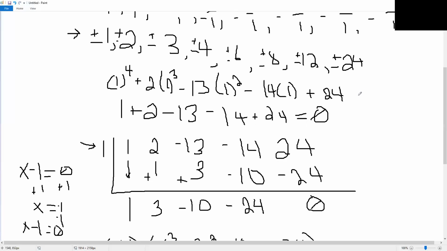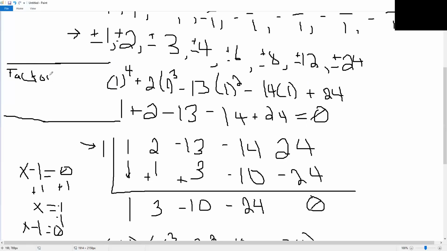So we will use the rational zero theorem. No, I'm sorry, the factor theorem. This theorem right here. This right here is the factor theorem.